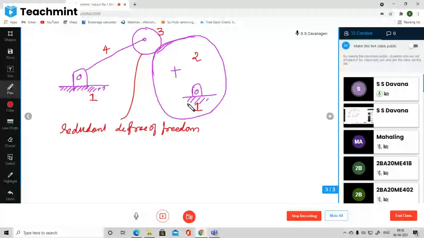In such cases, the relation to find out the degrees of freedom is going to be obtained based on Gruebler's relations.